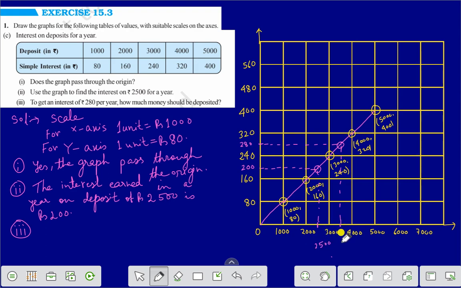Right? So to get an interest of rupees 280 per year, rupees 3500 should be deposited.